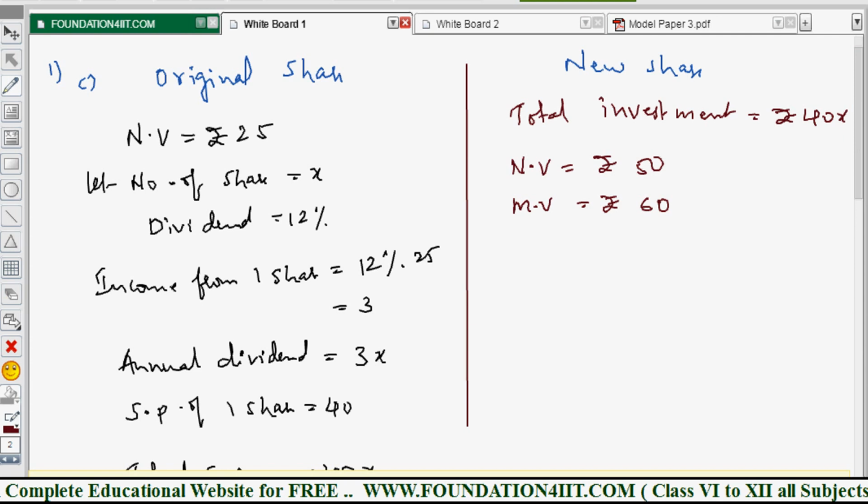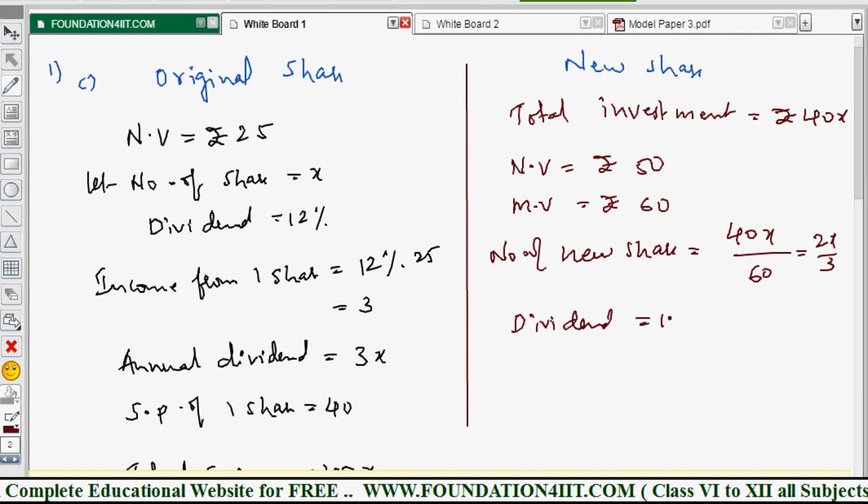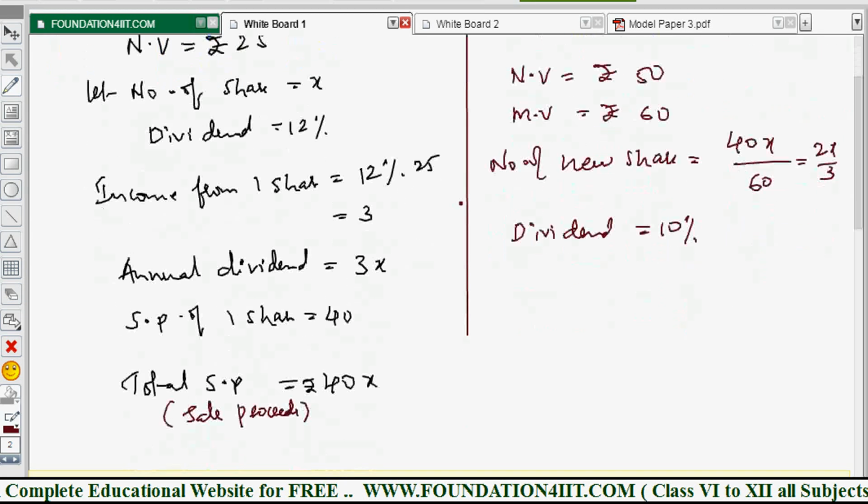The number of new shares: according to this data you can purchase this number of shares. The total investment is 40x by market value, that is 40x by 60, which is 2x by 3. Then the dividend is given as 10% in this case, so you can find the annual income in this also.